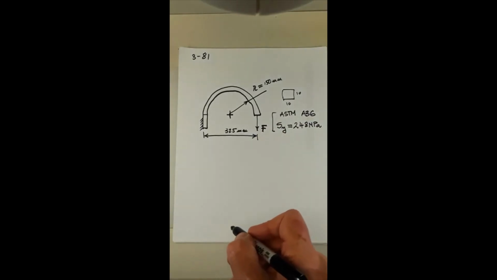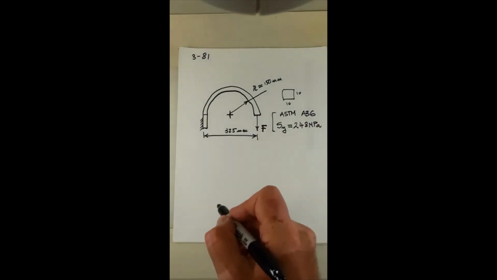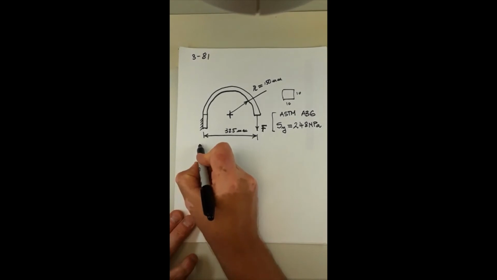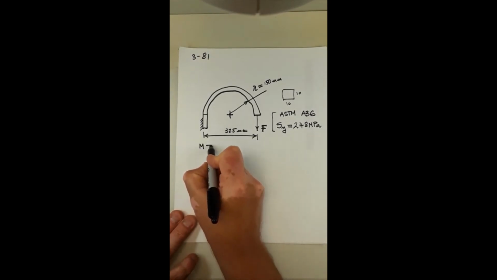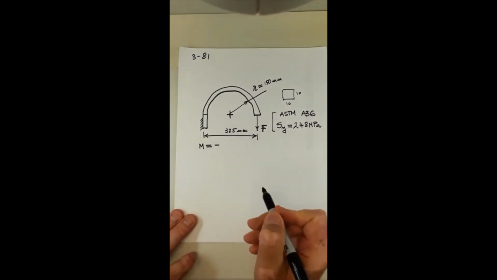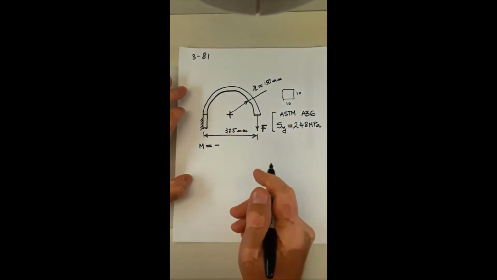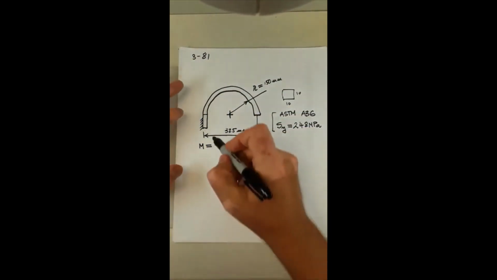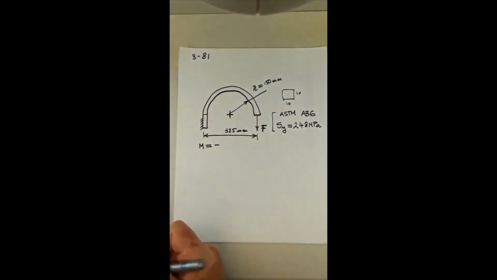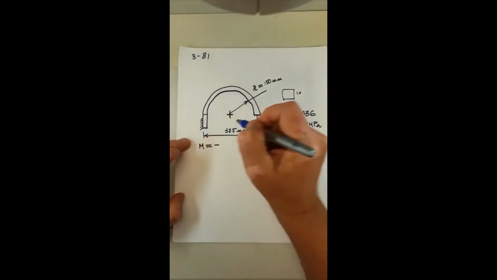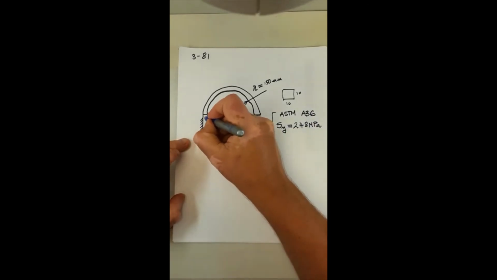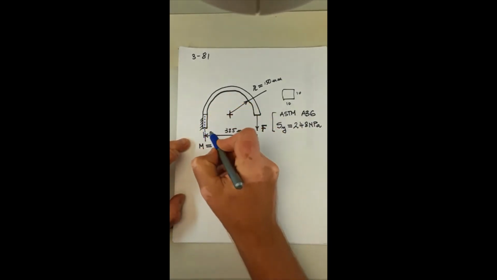And the bending moment, M, is going to be a negative moment because it has a tendency to further bend the beam. And you calculate it by measuring the distance to the neutral axis, or rather the centroidal axis.